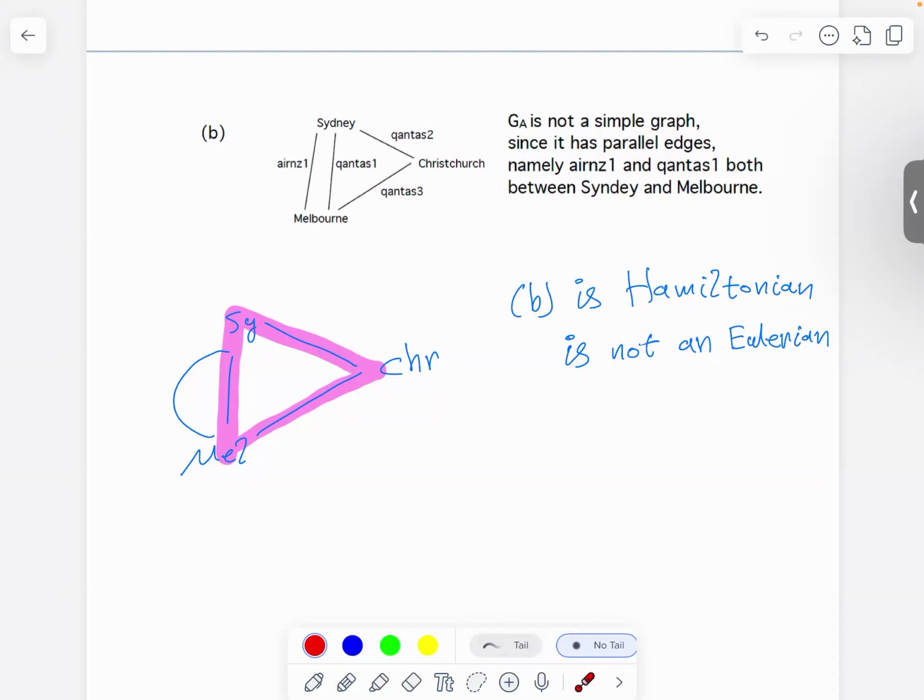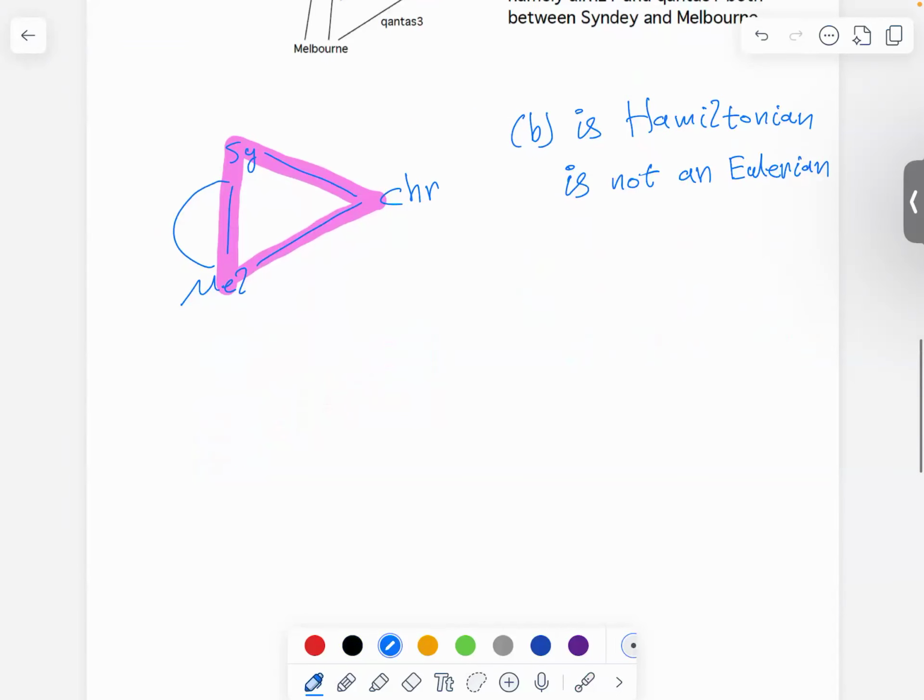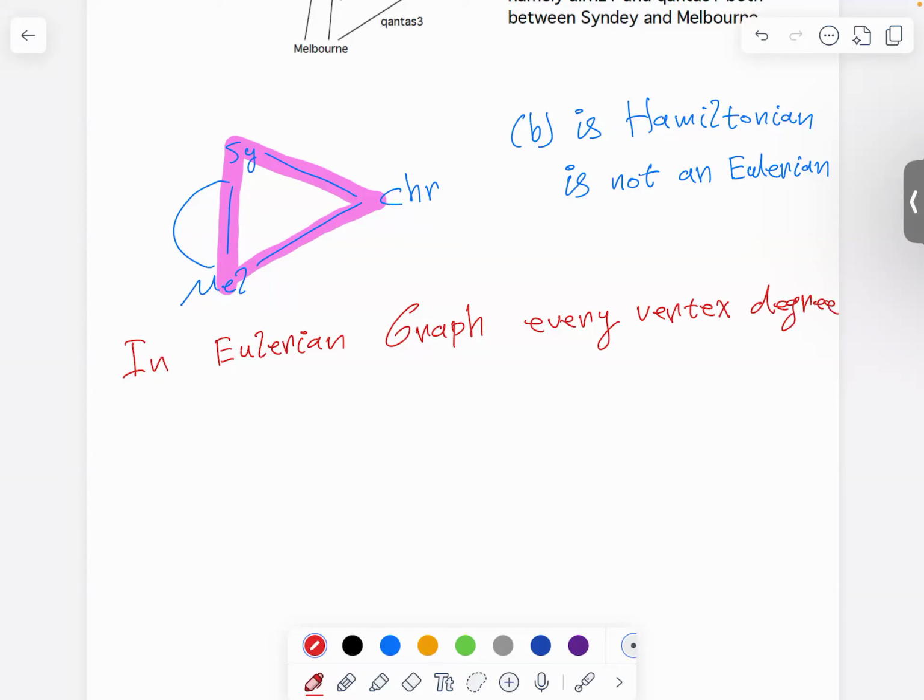However, we will see one criterion saying that in a Eulerian graph, every vertex should have even degree.